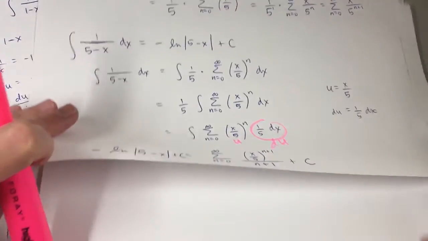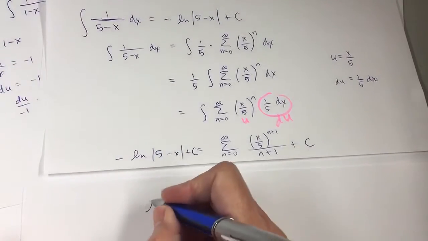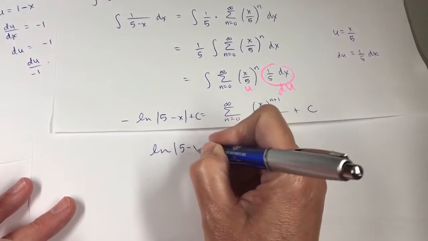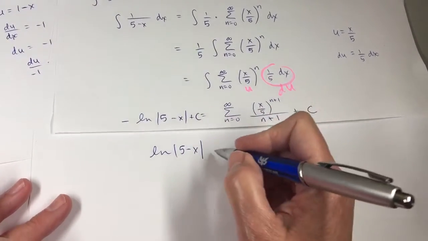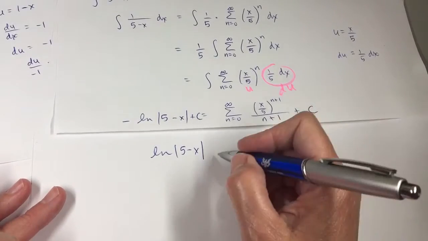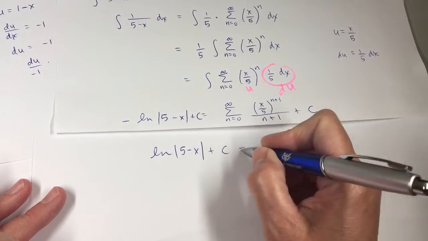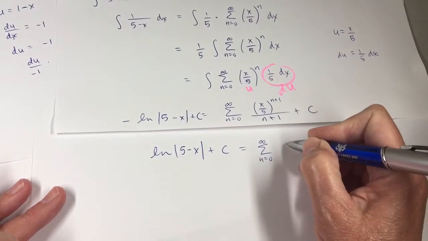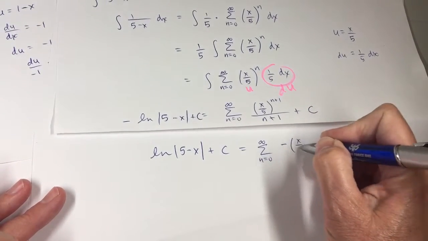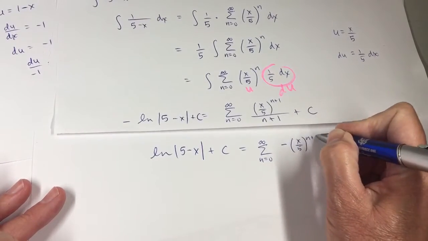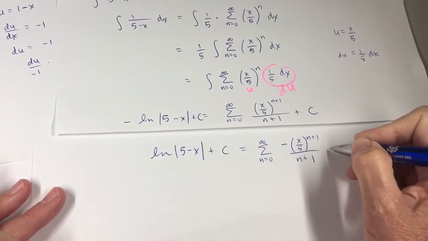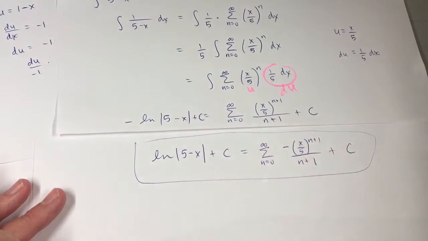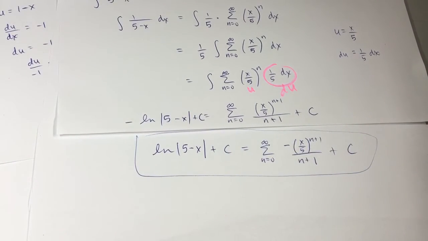So what I end up with is ln absolute 5 minus x plus c. I'm not quite sure about the plus c, but it's going to be negative. Now that negative is on the outside. It's not raised to a power.